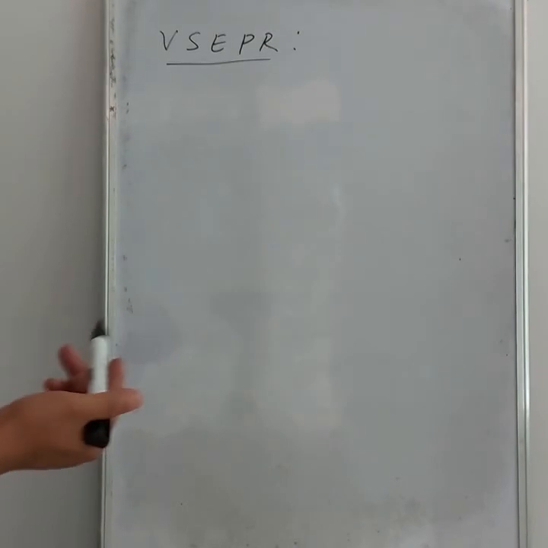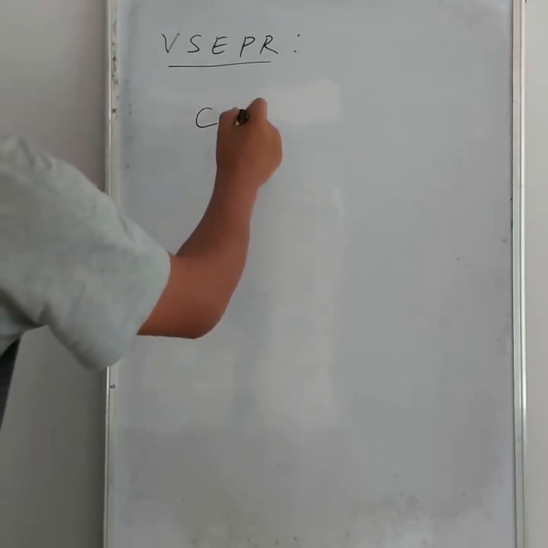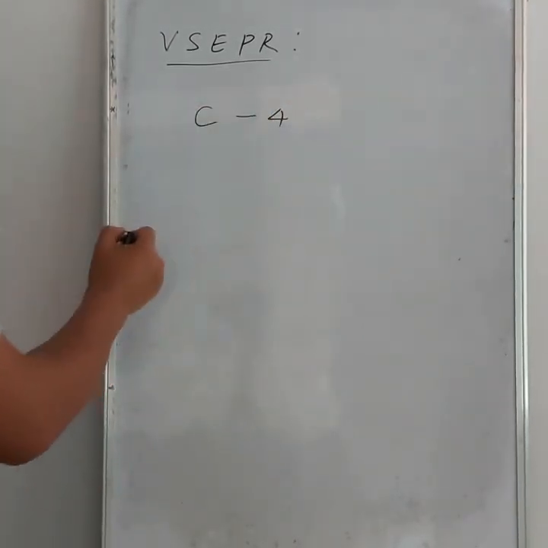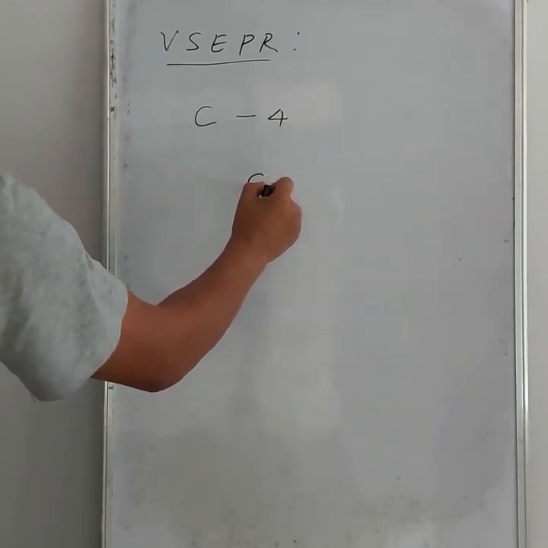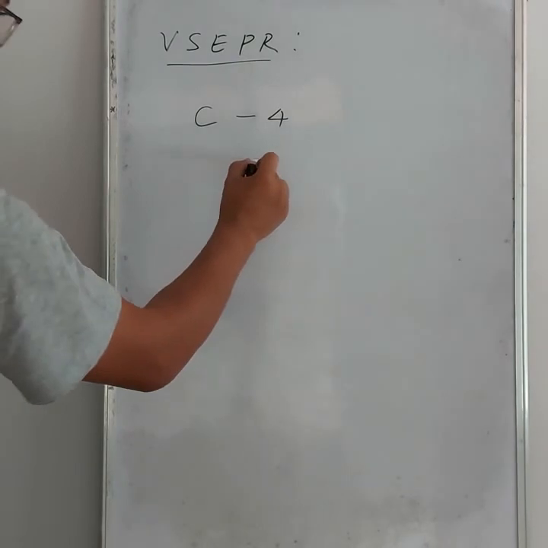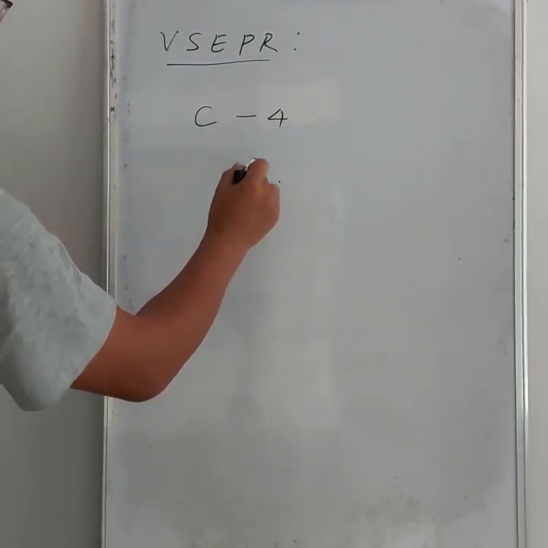Suppose, for example, carbon. We know its valency is 4, so there are 4 valence electrons. When we think about carbon, the 4 electron pairs will be equally pushed apart.